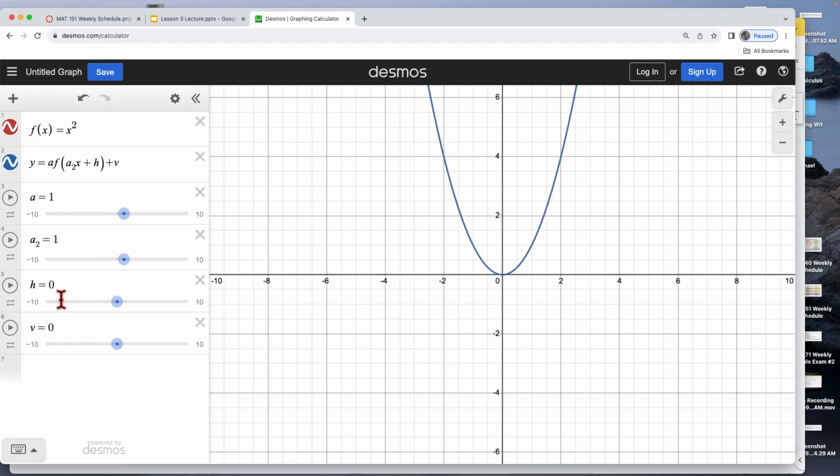So let's see what happens with the h. If I move the h, if I add something to x, what do you think is going to happen to the graph? Which way will it move? To the right. Whoa, it's moving to the left.